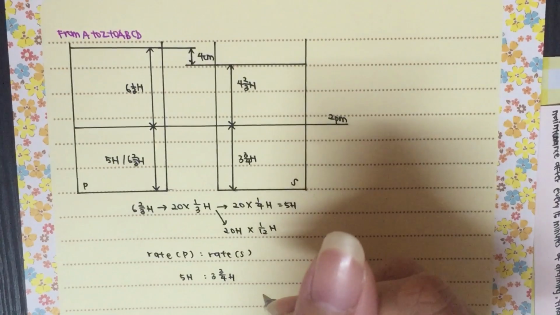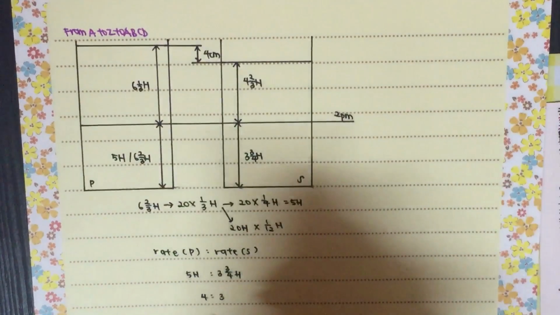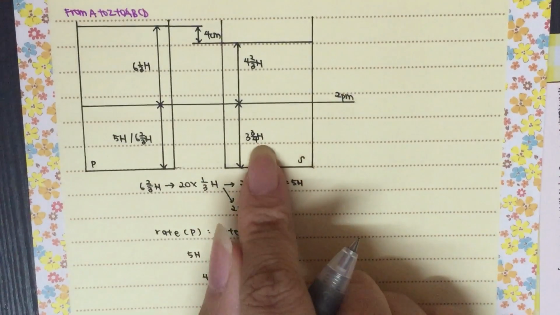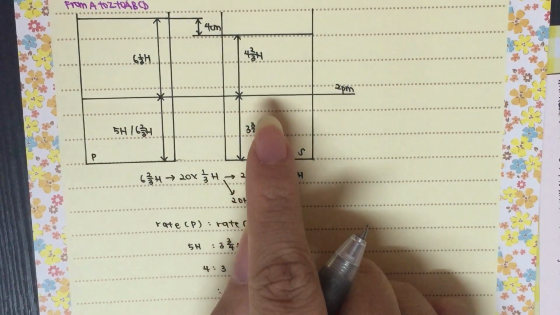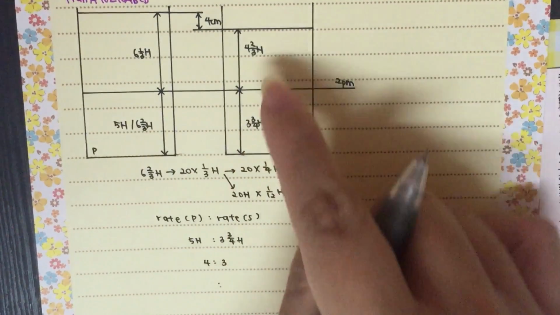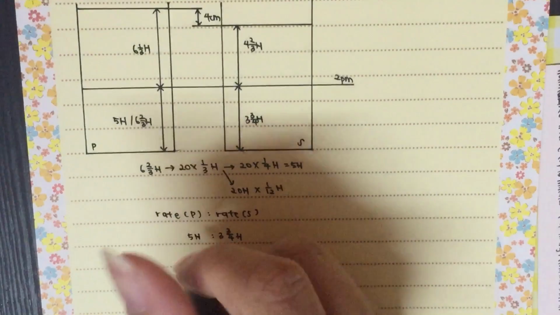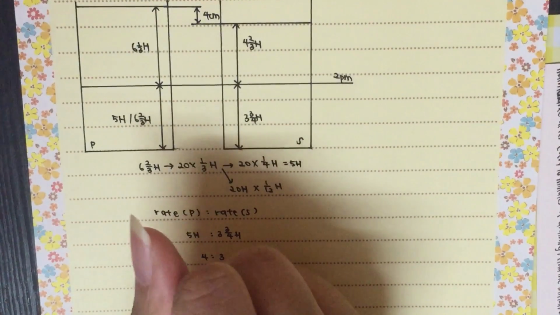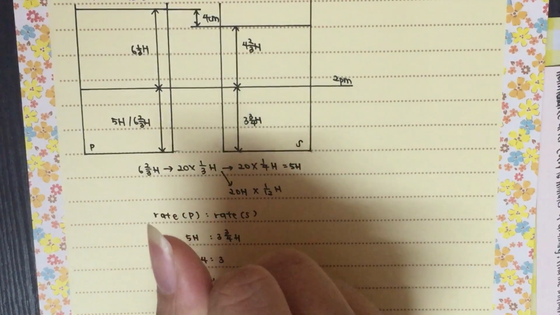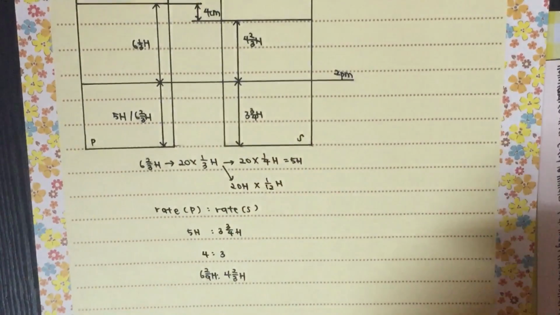You simplify it to about 4:3. So this is the rate. If this takes 4 2/3 hours, over here it should take 2 2/9 hours, given that the other side takes 4 2/3 hours.